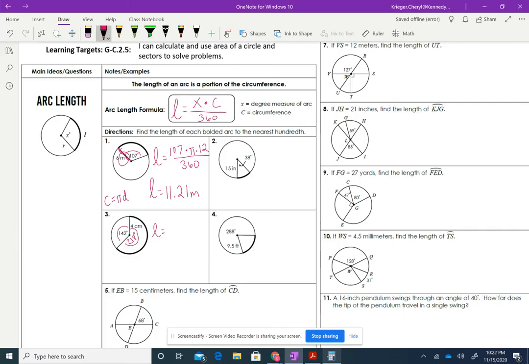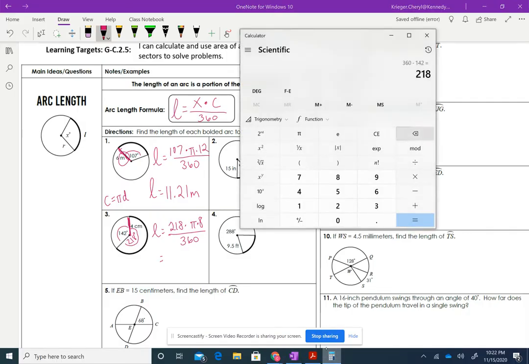So arc length is 218 times circumference, pi times diameter. Now my diameter is 8, all divided by 360.